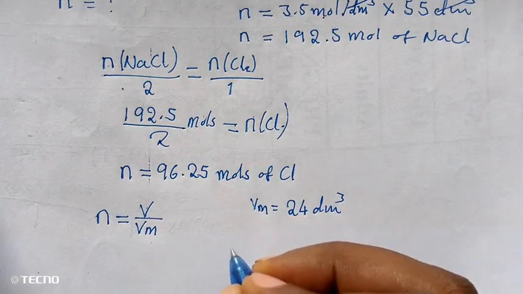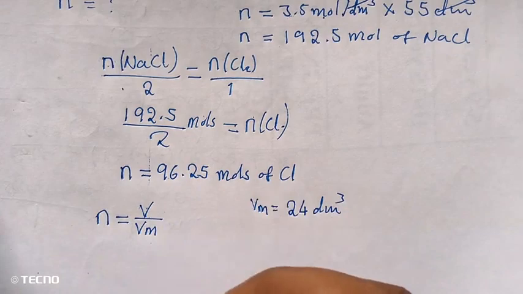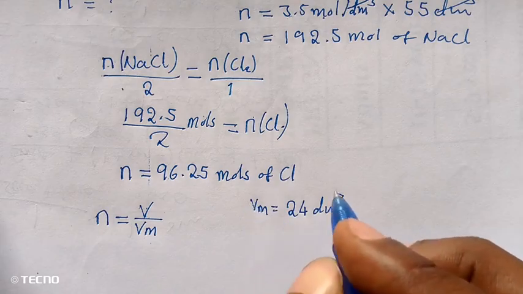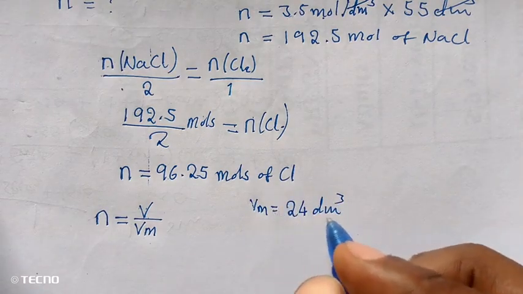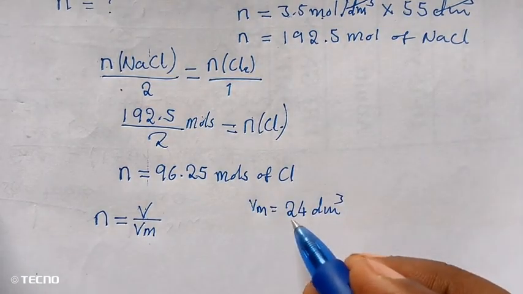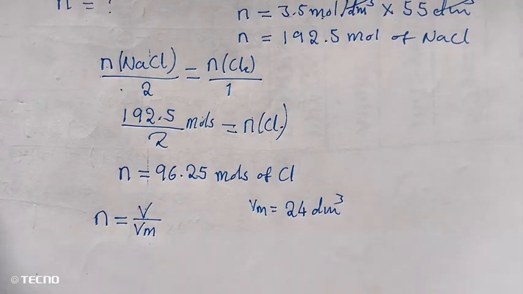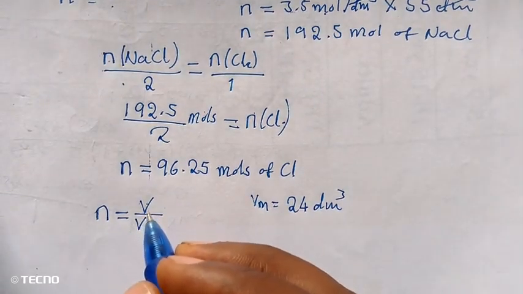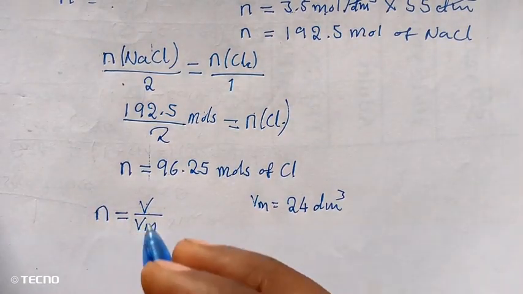Even when you check on the table, you find this number indicated as the volume at RTP. So we proceed to find the volume of chlorine gas.